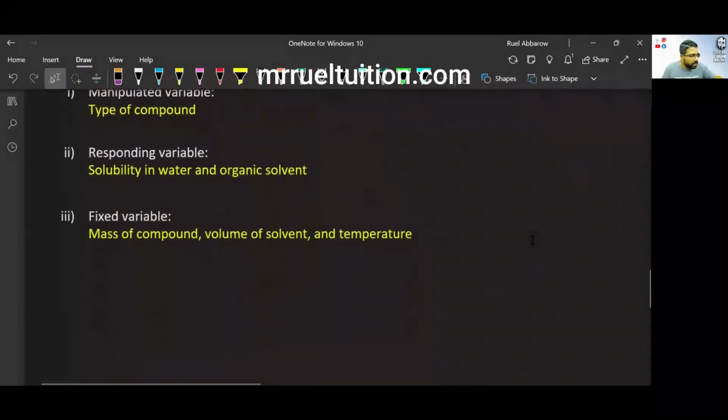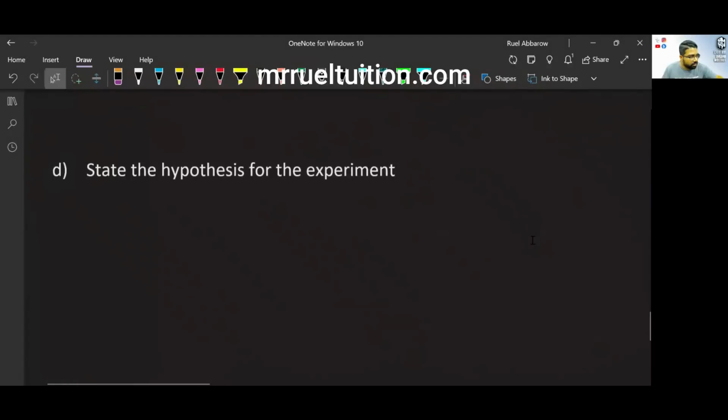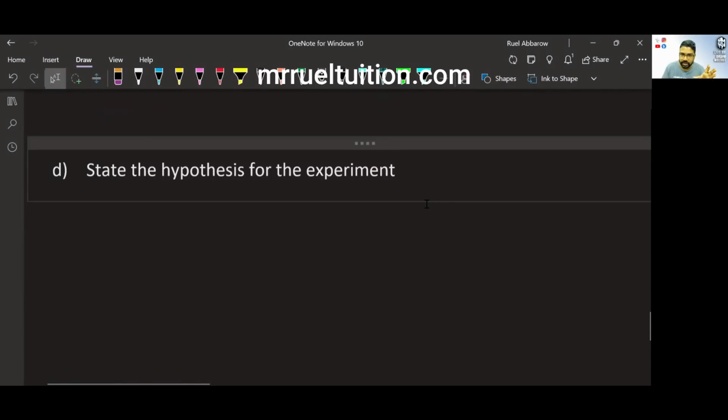Okay, now let's go to the next part, hypothesis. The usual format for hypothesis would be: the greater or lesser the MV, the greater or lesser the RV. Or what I like to advise my students, for grammatical reasons, is: when MV increases or decreases, RV increases or decreases. So you can use this format.